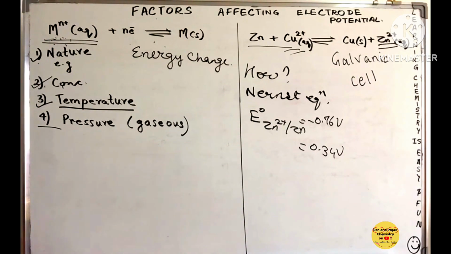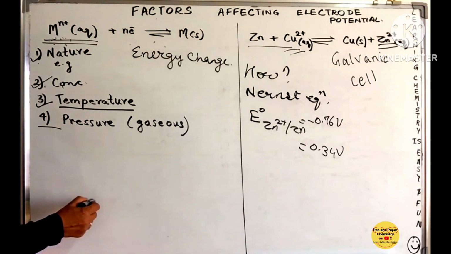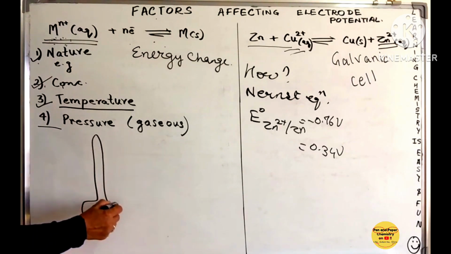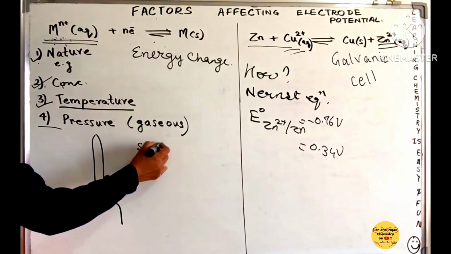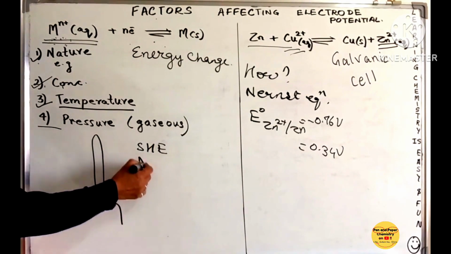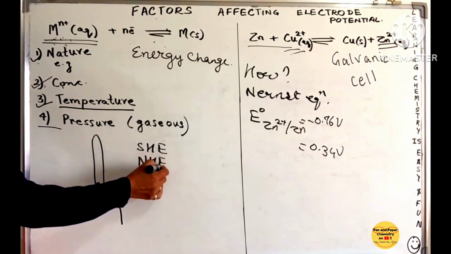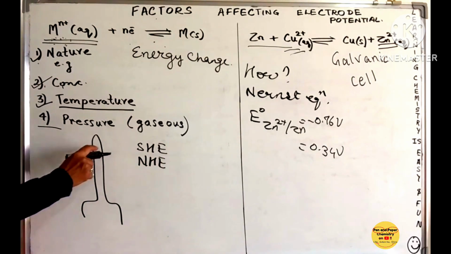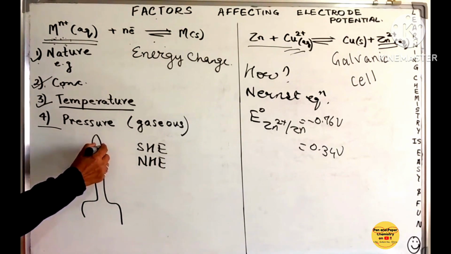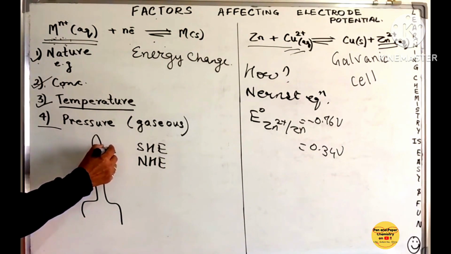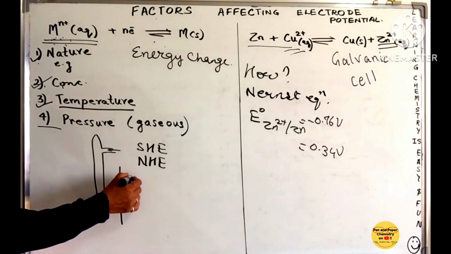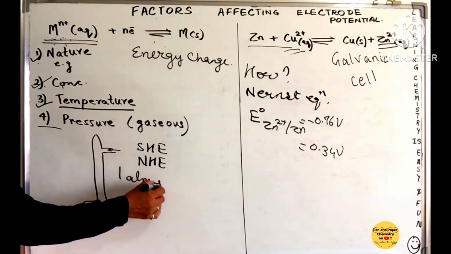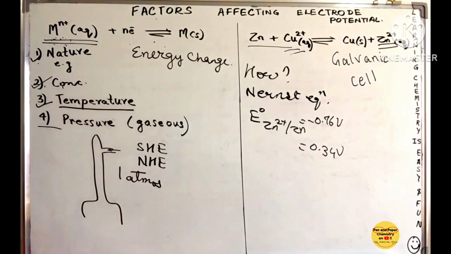A very simple example, if you recall, we have spoken about SHE, the standard hydrogen electrode, also called NHE, normal hydrogen electrode. There we mentioned that we are introducing hydrogen gas into this glass tube, and we were specific in saying that we introduce the gas at a pressure of 1 atmosphere.